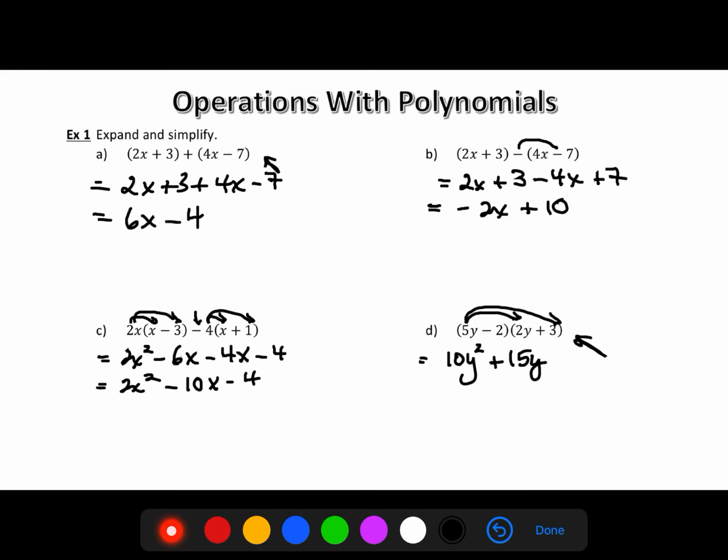And they're all positive values, no sign changes whatsoever. But now we're going to take our negative 2 times everything in the second set of brackets. So because of this minus here, we're going to have minus 4y and minus 6. Just like we did over here, the minus in front changes the signs of what we're multiplying.